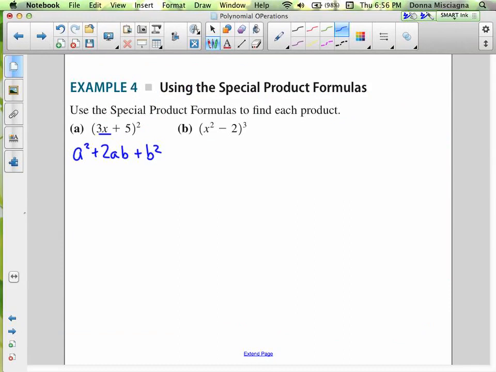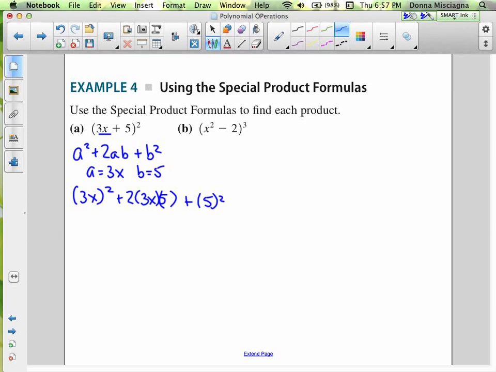So a is the 3x, and b is the 5. That means this is going to be 3x all squared plus 2 times 3x times 5, and then plus 5 squared.